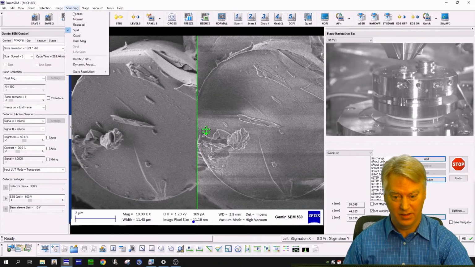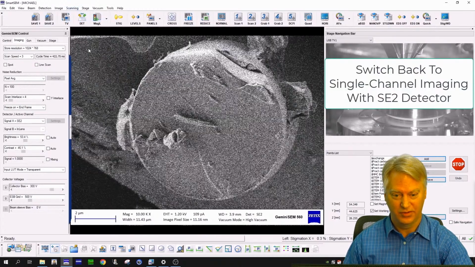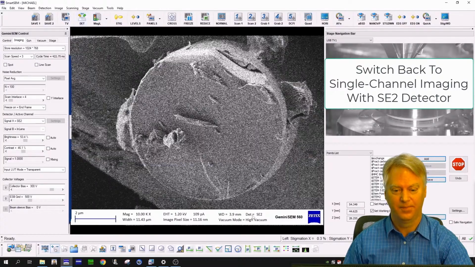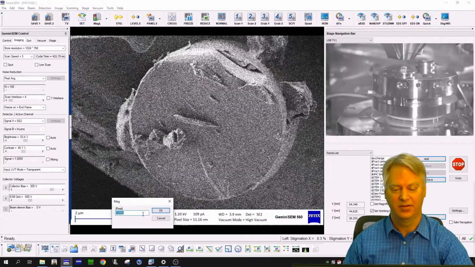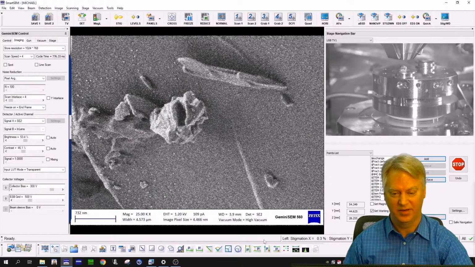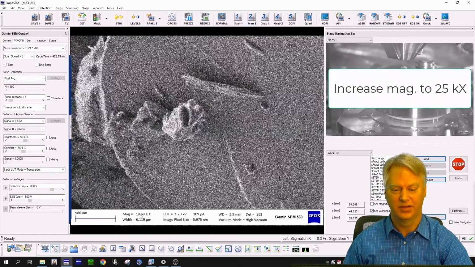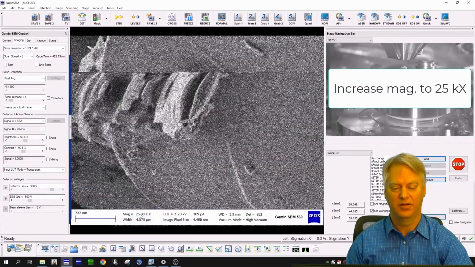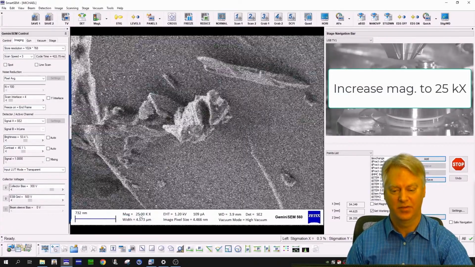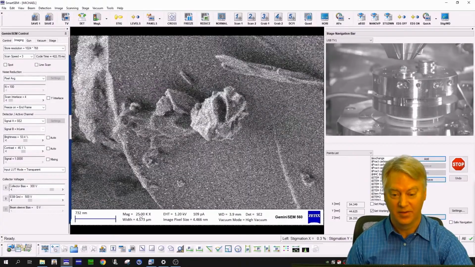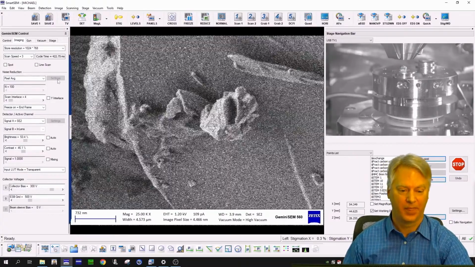But for now, I'm just taking some additional images to show that when we go higher in magnification, about 25,000 times, we still get good images with the SE2. It doesn't seem to be much of a problem for the SE2. It's mostly a problem for the in-lens detector itself.